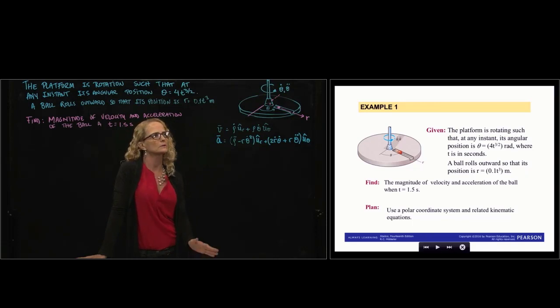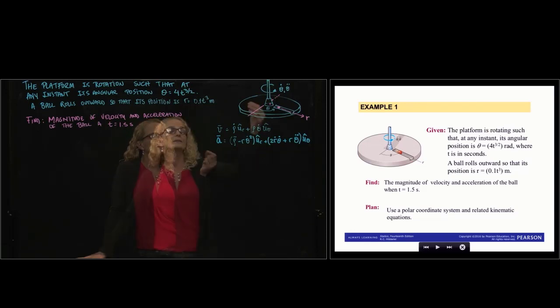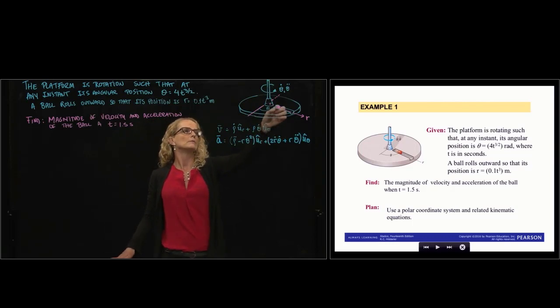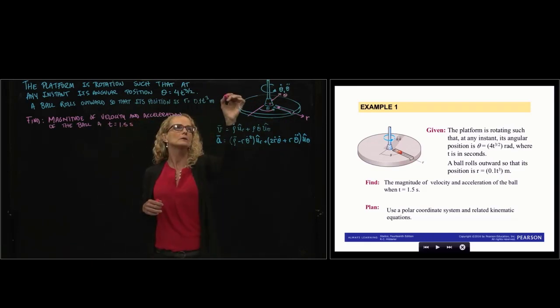Why are we using cylindrical coordinates? Because we are given the expression of the rotation in terms of theta, and we are given the expression of the relative position of the ball with respect to the platform in terms of r. So it's very easy for us to use our coordinate system r, theta, and z.